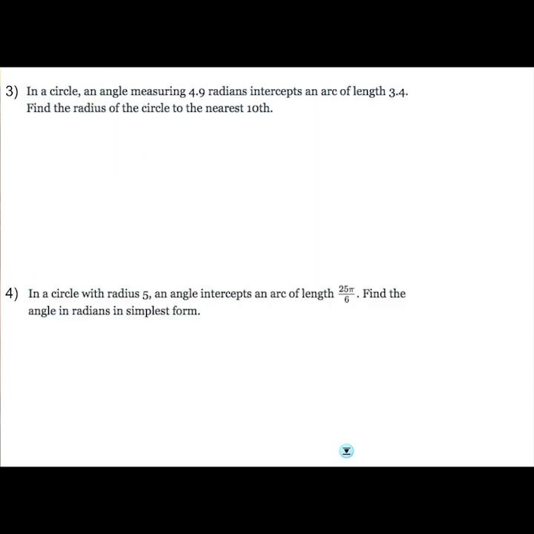In questions 3 and 4, we're going to have to do a little bit different type of computation. We're going to use algebra here. It says the angle measure is 4.9 radians, but now it tells us the arc length is 3.4. Remember that the arc length equals radius times rotation in radians. So theta is the rotation in radians. Don't confuse r with radians.